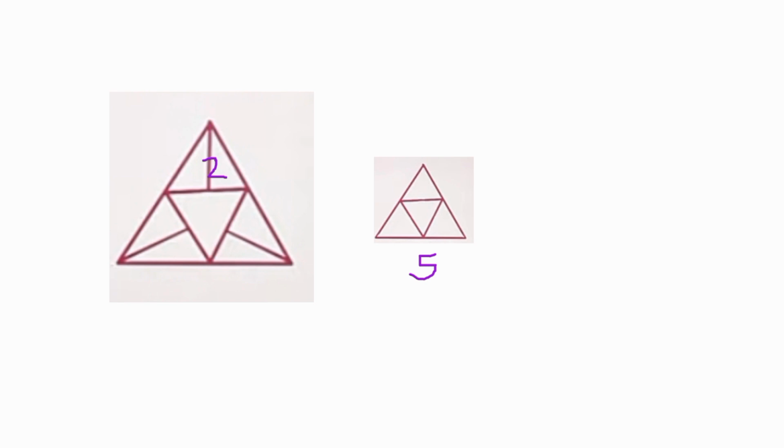In the same way, here also this vertical line divides this triangle into 2, so here also 2 triangles will be formed. In the same way, here also 2 triangles will be formed. So in total, how many triangles will be there? 5 plus 2, 7, 7 plus 2, 9, 9 plus 2, 11 triangles will be there.